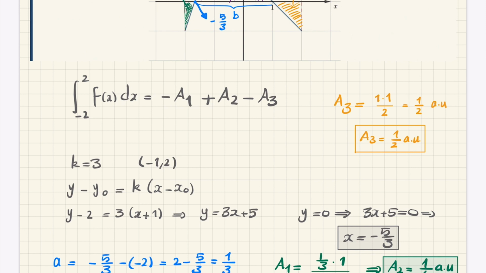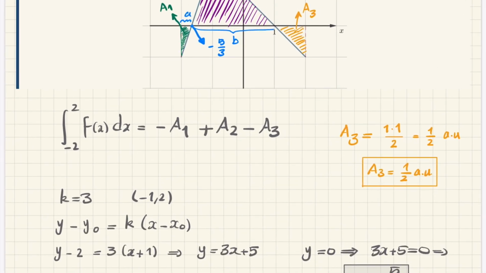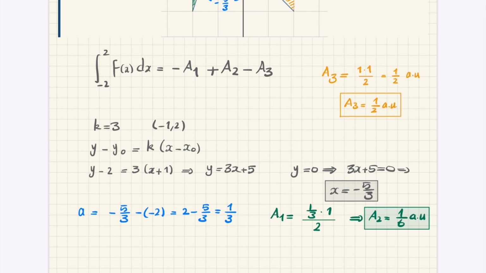Yes? And then if I want to calculate B, that's also clear, because from here to here, I want to find the length. The final point is 1, the initial point is -5/3, so I find the difference. So what is B now?